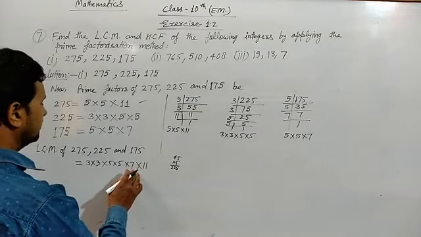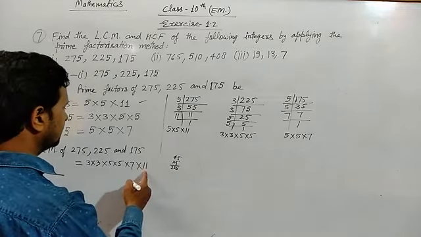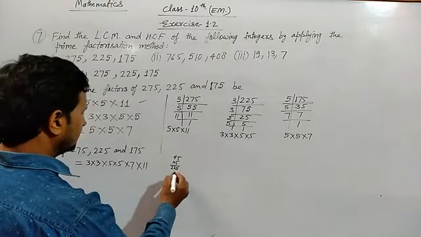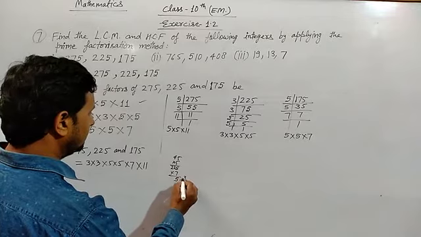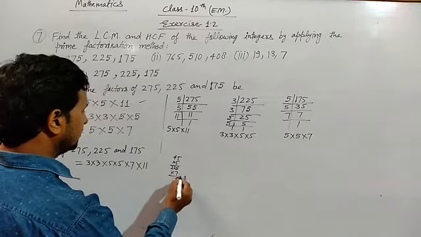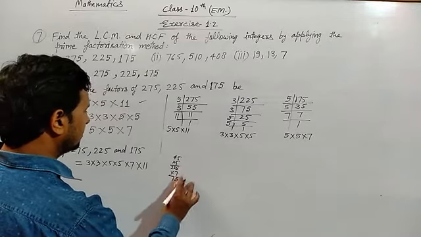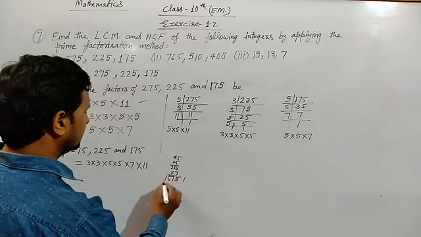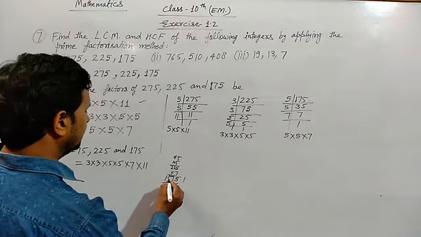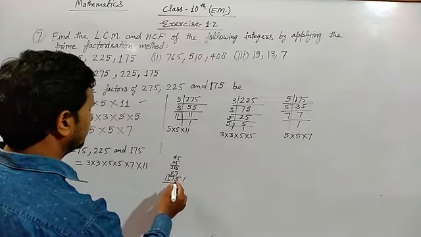Now 7 multiplied by 225: 7 times 5 is 35, carry 3, 7 times 2 is 14, plus 3 is 17, carry 1, 7 times 2 is 14, plus 1 is 15. This gives 1575.